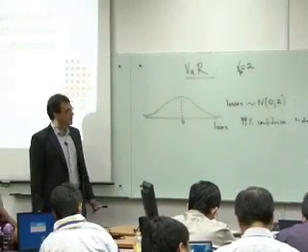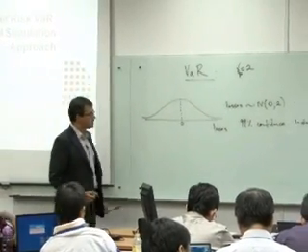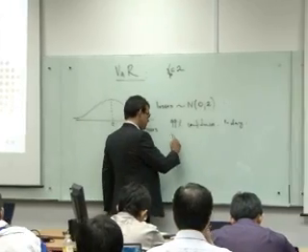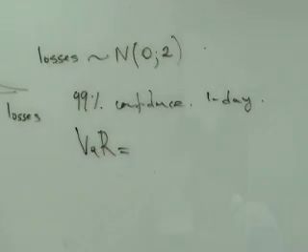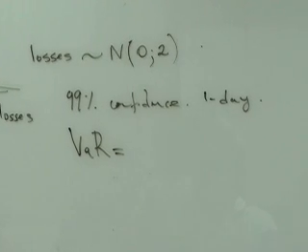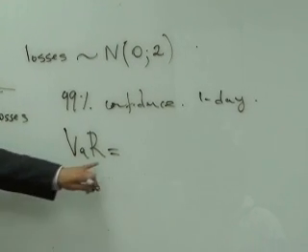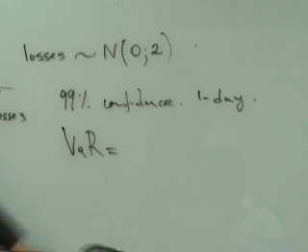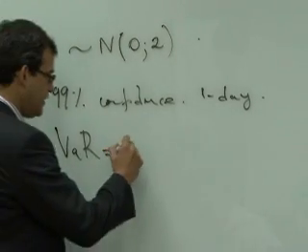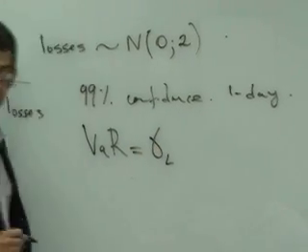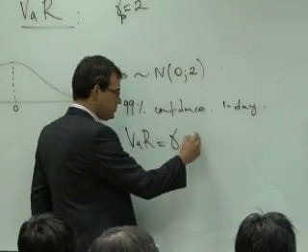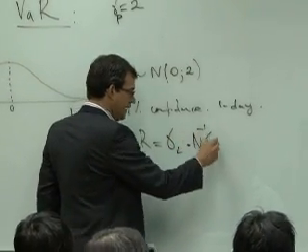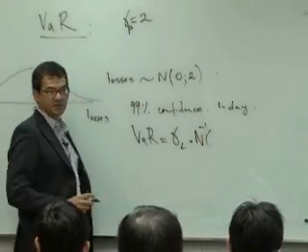So we calculated this number last time. Under this assumption, I'm just summarizing what we learned the last class. So the value at risk is going to be what? How do we write this formula in this case? It's going to be the standard deviation of the losses times the normal distribution value at this 99%.